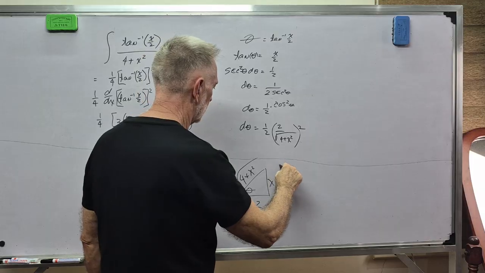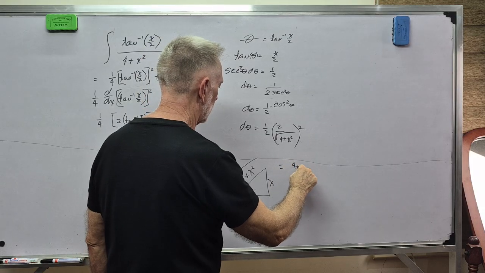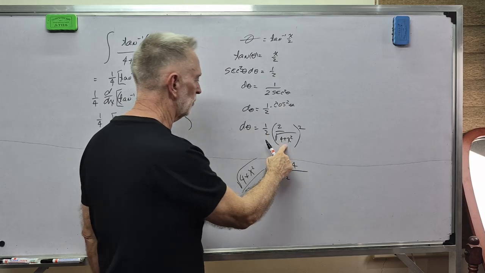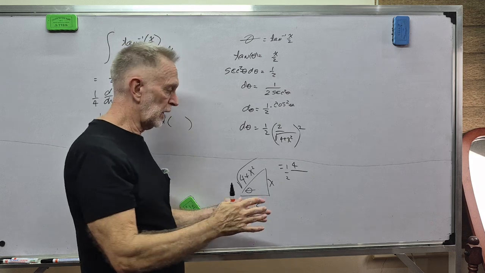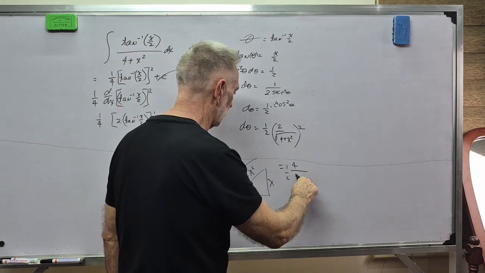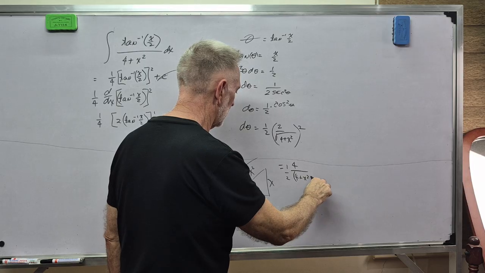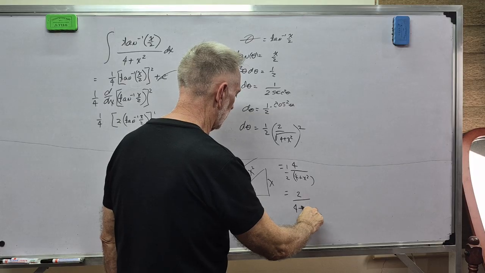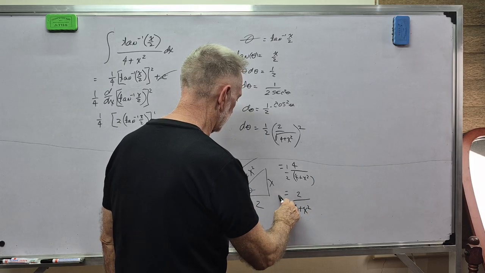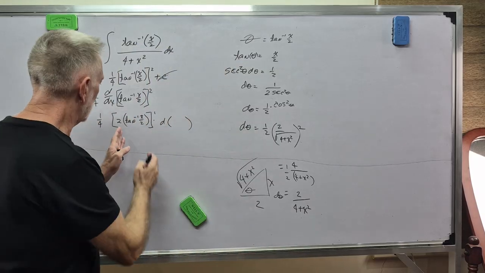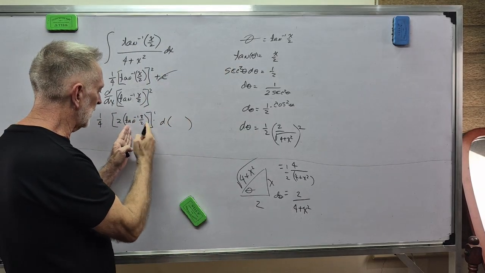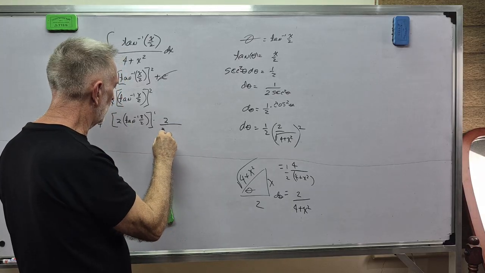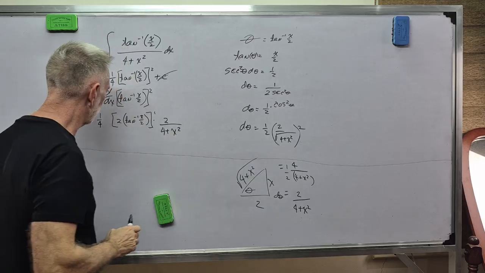So that equals 4 over, with the 1/2 out here, and the square root of 4 plus x squared, squared, the radical sign drops away, leaving 4 plus x squared. So 4 over 2 is 2, and I have 2 over 4 plus x squared. That is d theta, the derivative of this inside function.